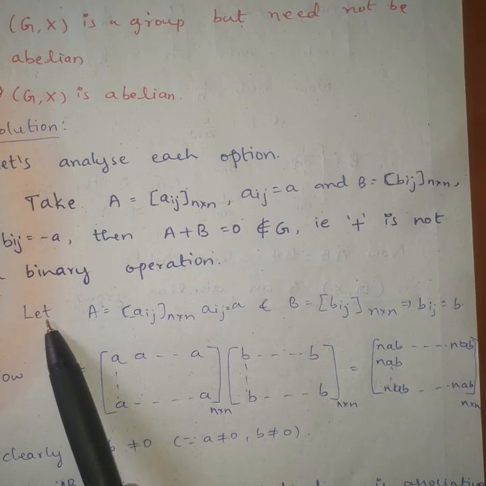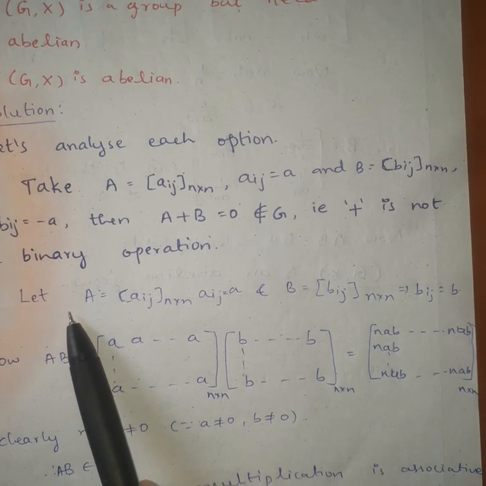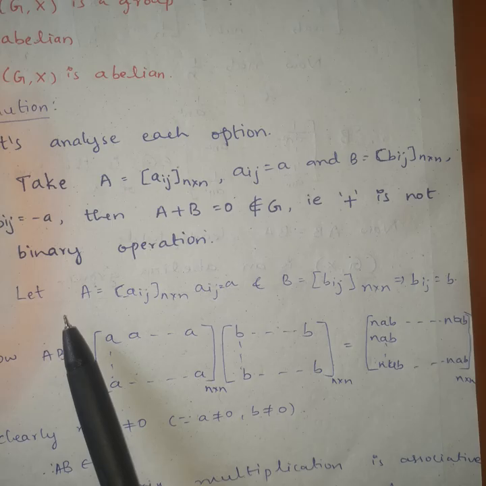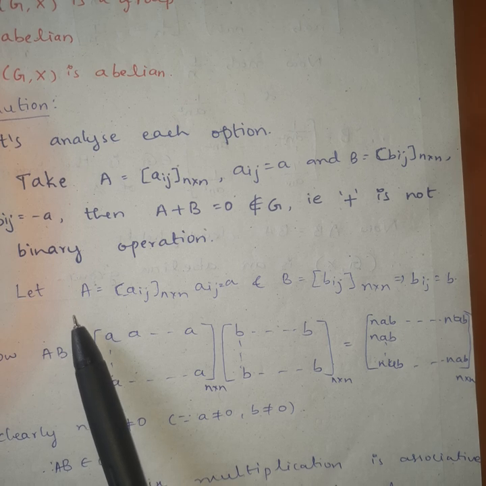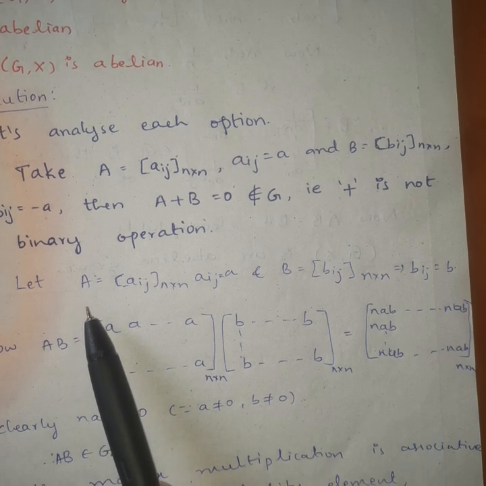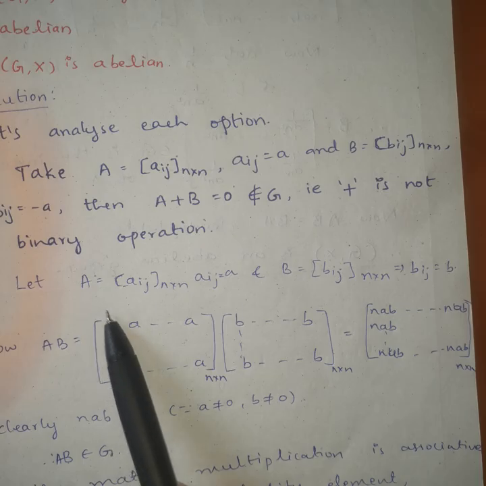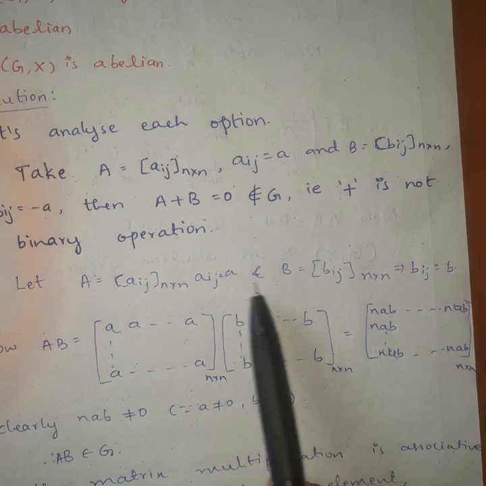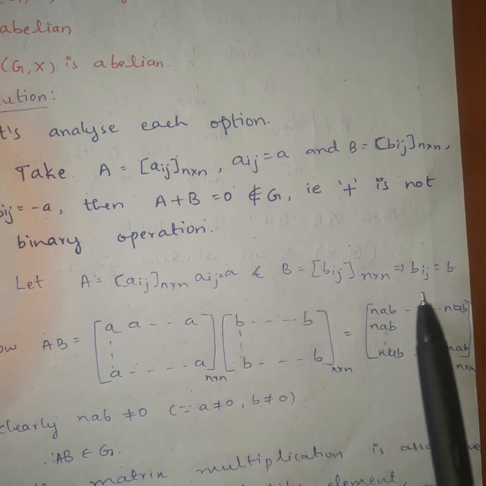Now let us analyze option B. Options B, C, D are related to multiplicative group. So let us check whether this set G with binary operation multiplication is a group or not. Let A be the matrix whose elements are all a, and let B be the matrix whose all elements are b.